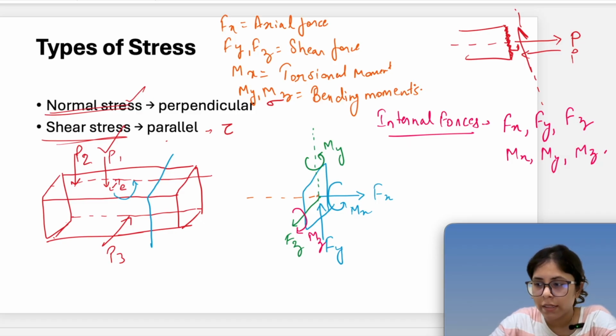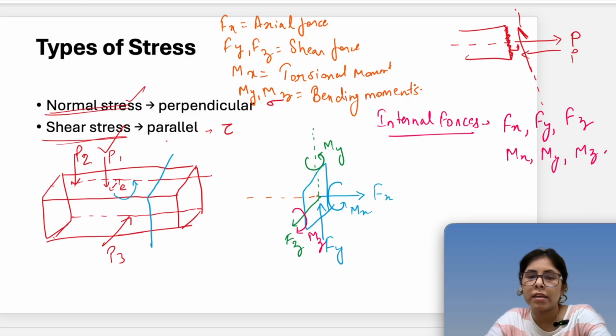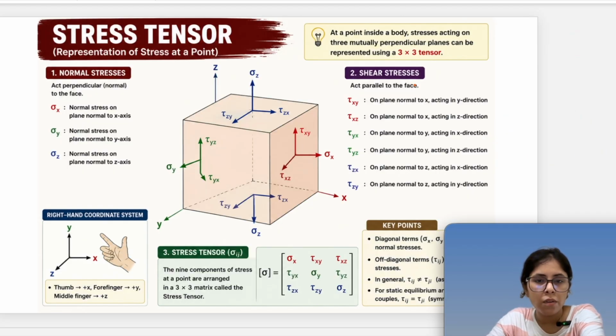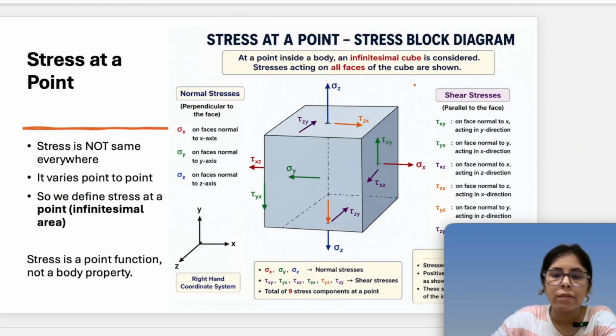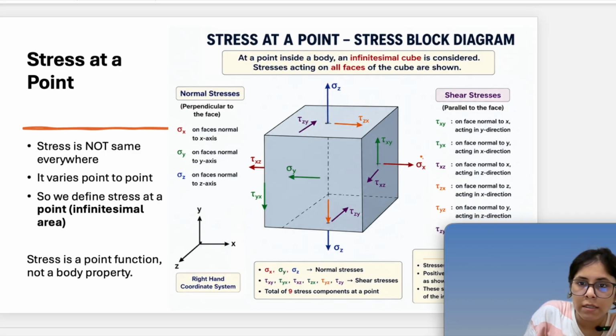This is for the 3D case, and in 2D we will see the same things similarly. Now, in this body, sigma x is the stress generated normal to this cross section, and then there are sigma y and sigma z, and tau xy, tau yz, and tau xz.